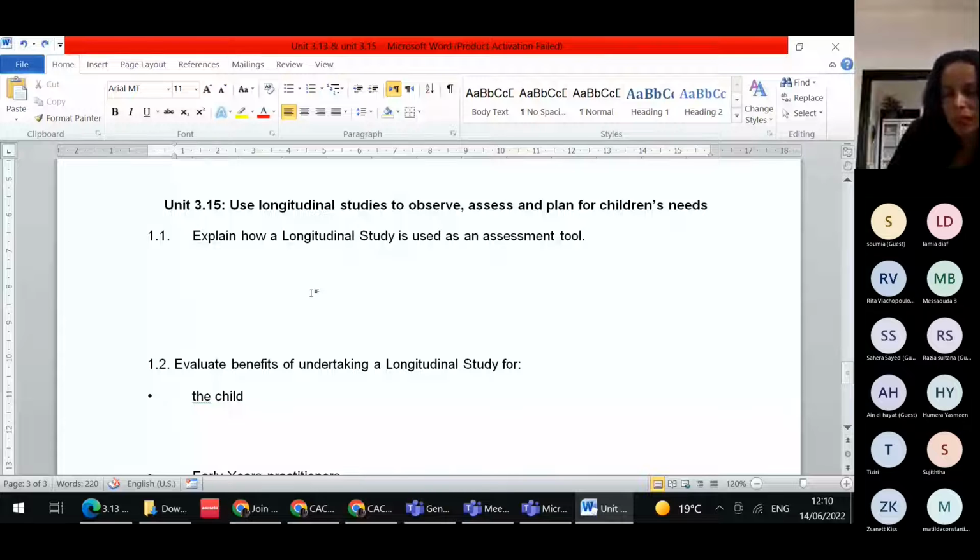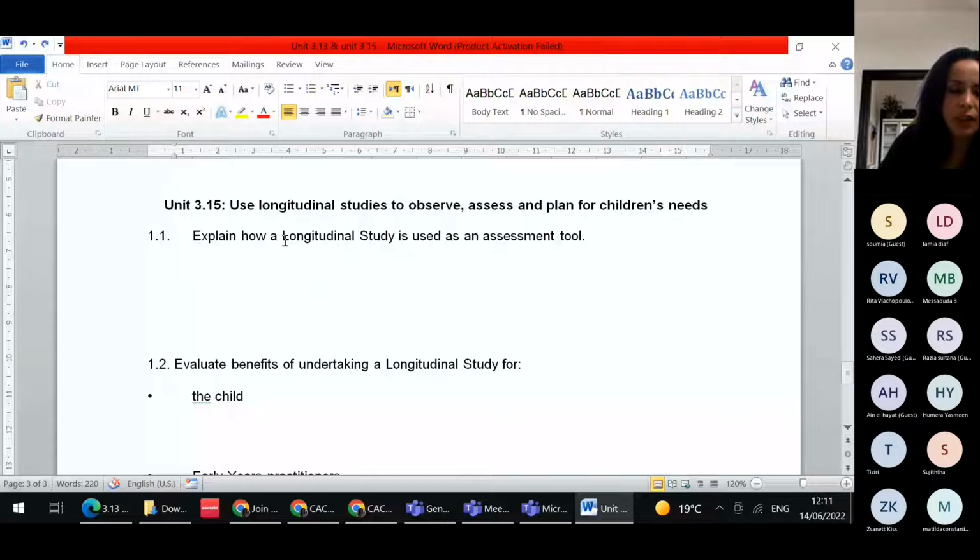So what does it mean, longitudinal studies? For example, if you were running, I would run straight down. If you run this way, it's on the length. So it's a different way of doing the same research, same studies, but in a different way to get more information.